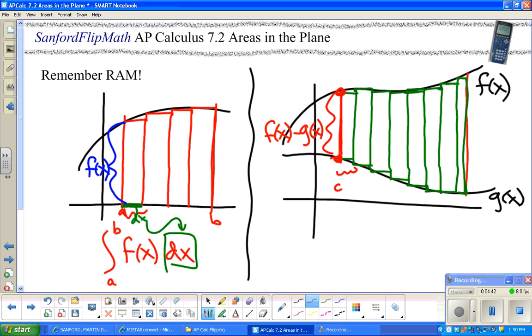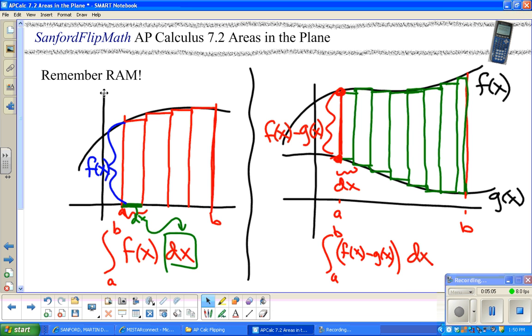And this little guy right here is still the change in x, dx. So if I was going to look at the area between those two curves from a to b, I would still be doing an integral from a to b, and the width of my rectangles is dx. And the height of my rectangle is just f of x minus g of x.